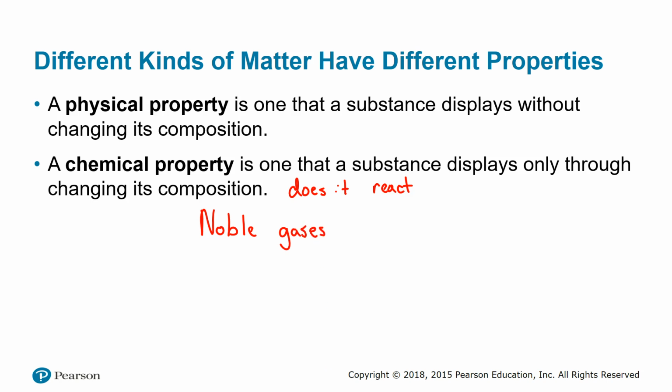Does anybody know of a specific chemical property of noble gases? Yeah. So they have a full outermost ring, and since that outermost electron ring is full, what else does that make them not want to do? They don't want to react.